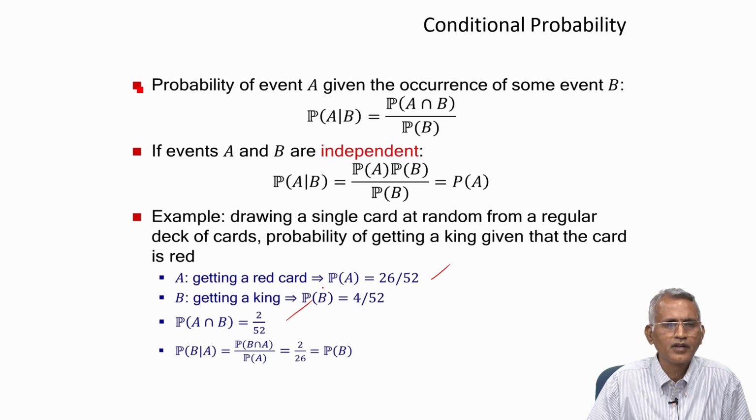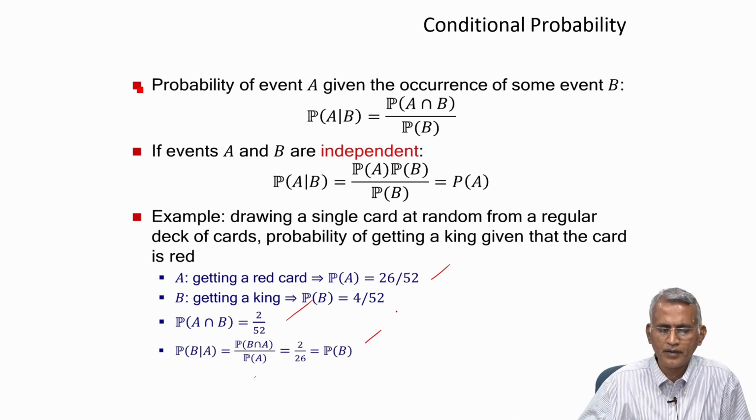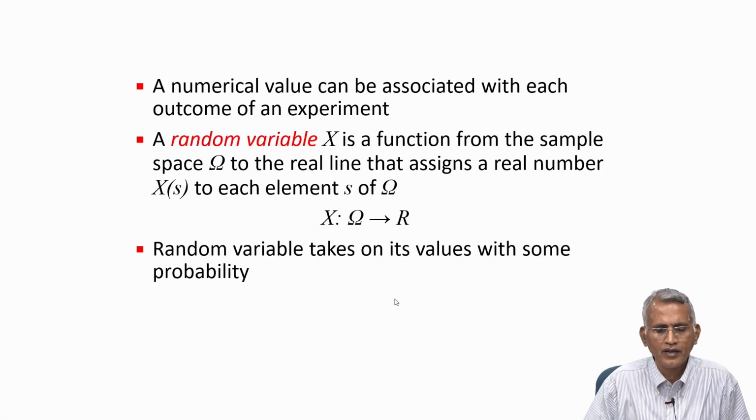The conditional probability of B given A is the probability of B intersection A divided by the probability of A. The probability of B intersection A is 2 by 52 and the probability of A is 26 by 52. Therefore, we have 2 by 26.